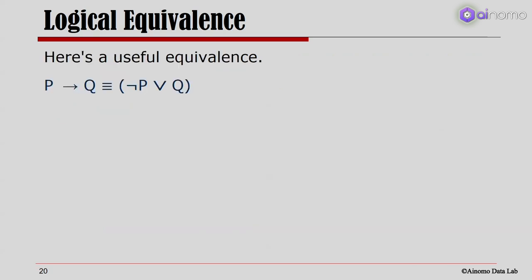One more useful equivalence is the following: P implies Q, or if P then Q, is equivalent to not P or Q. Let us try to establish that by starting from the implication.